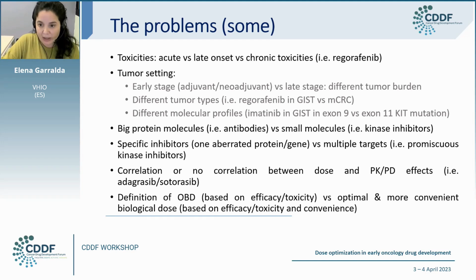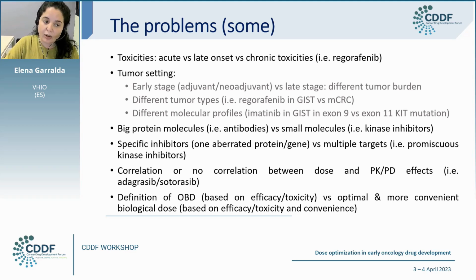It also depends on the type of drug that we are developing. It's different if we are developing an antibody than a kinase inhibitor, a small molecule. Or even if it's a specific inhibitor versus one mutated gene, or more multiple targets in a more promiscuous way, the toxicity profile is going to be different and the doses are going to be different.